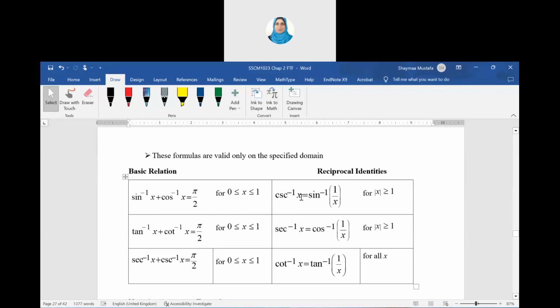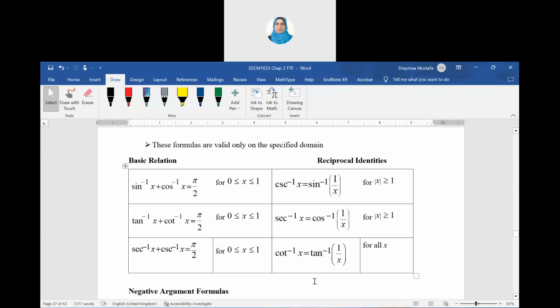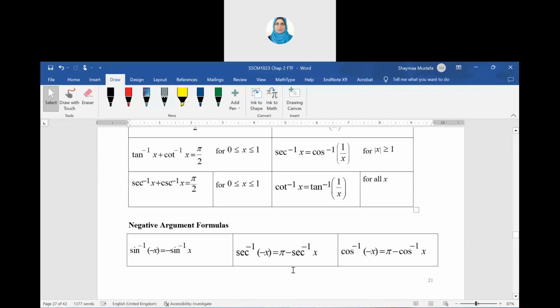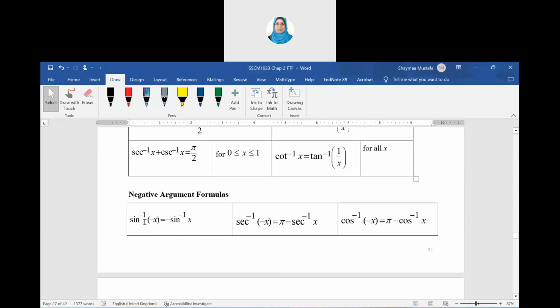Okay, cosec inverse x is equal to sin inverse 1 over x. Sec inverse x is equal to cos inverse 1 over x. Cot inverse x is equal to tan inverse 1 over x. And also sin inverse minus x is equal to minus sin inverse x, because sin inverse is an odd function.